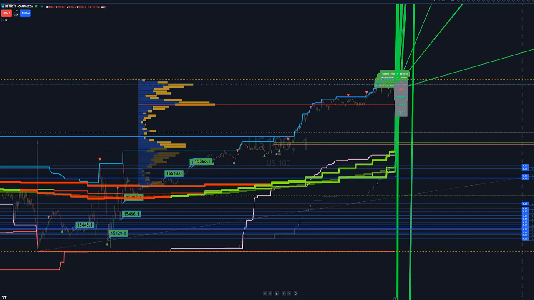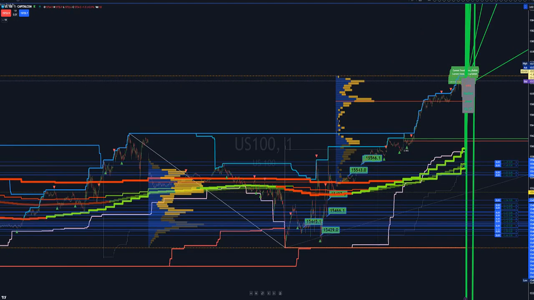Favorably, I can always wait until the market is in an uptrend, giving me the most optimal situations to get in the market.